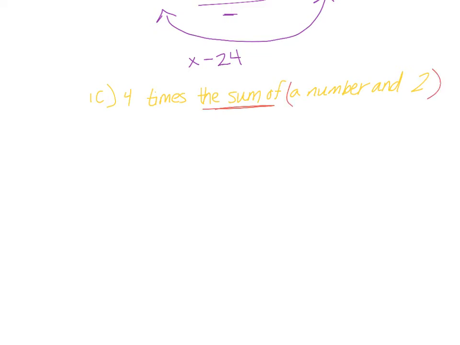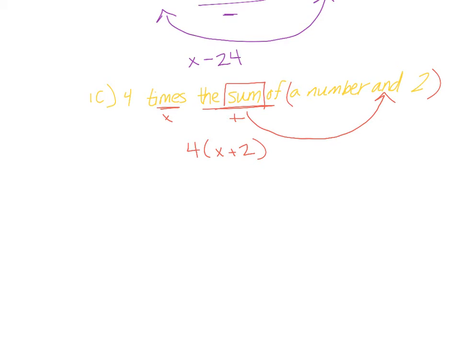Because times means to multiply, sum means to add. So you are multiplying 4 times the sum of a number and 2. So the way we write this out is 4, our parentheses mean to multiply. The sum of, sum tells us what and is replaced with. So we put x plus 2. So we're multiplying it by the parentheses, and the sum of, sum is the math word, and that is what we are replacing and with.